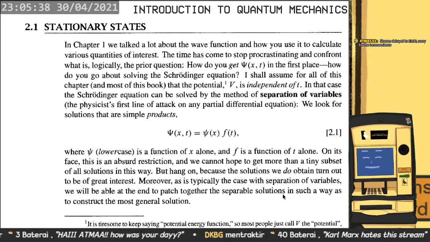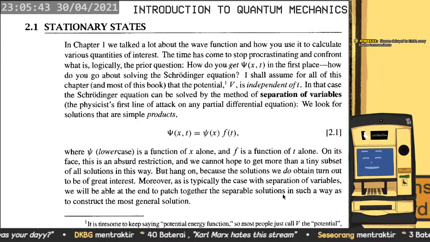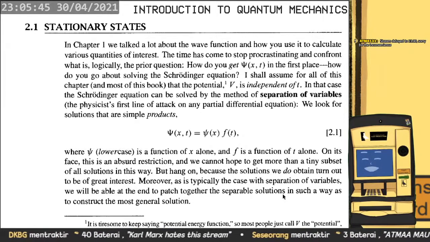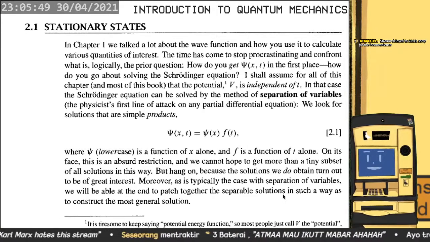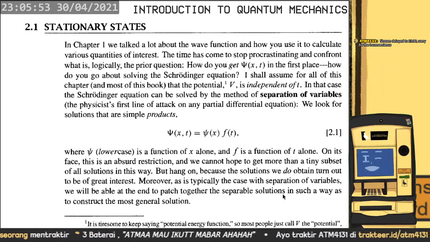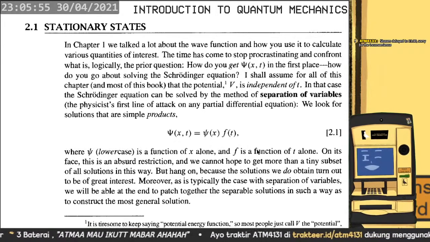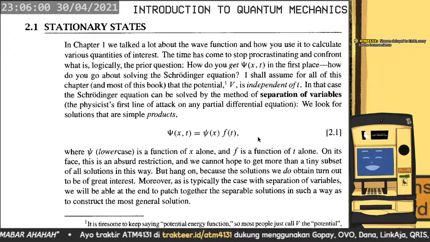I shall assume for all of this chapter and most of this book that the potential V is independent of t. In that case, the Schrödinger equation can be solved by the method of separation of variables, the physicist's first line of attack on any partial differential equation.